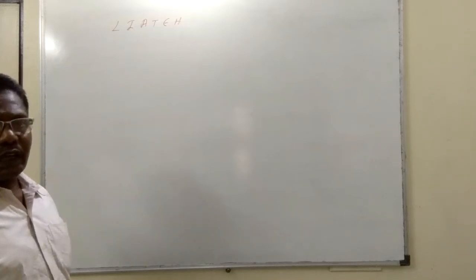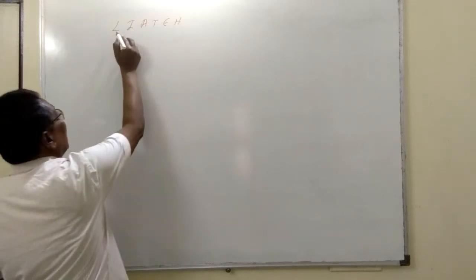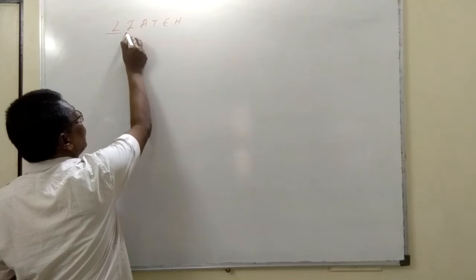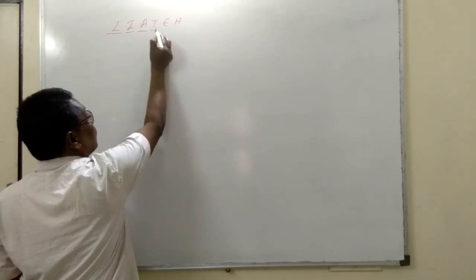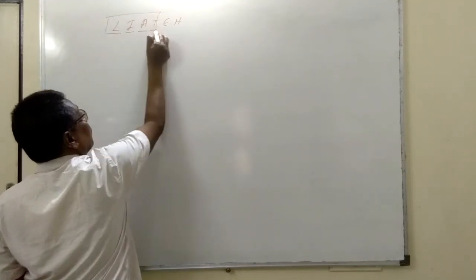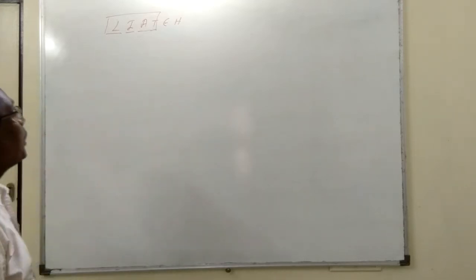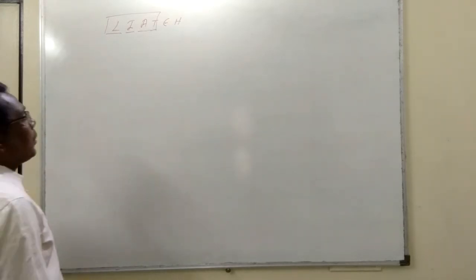What are the rules of the calculations in different functions? Until now we have studied the logarithmic function, inverse function, algebraic function, trigonometric function. Now today we will see the remaining two functions, E and H function.